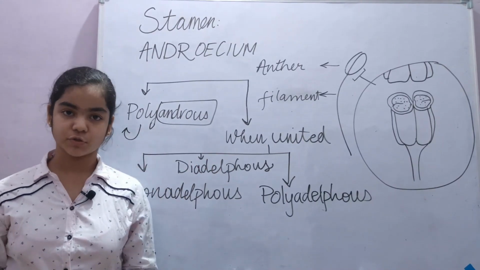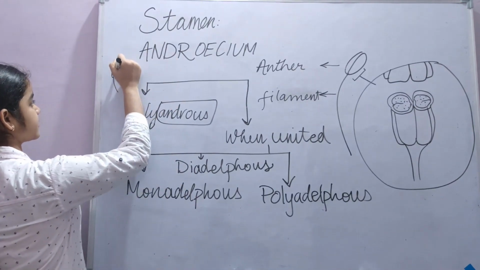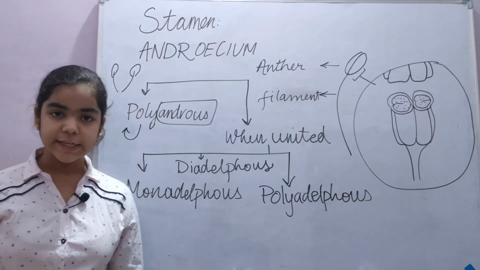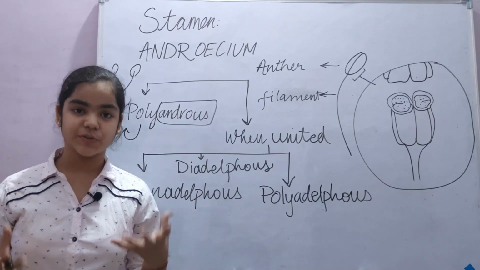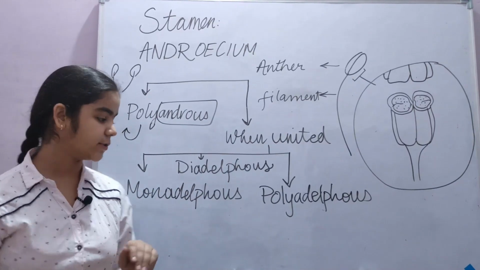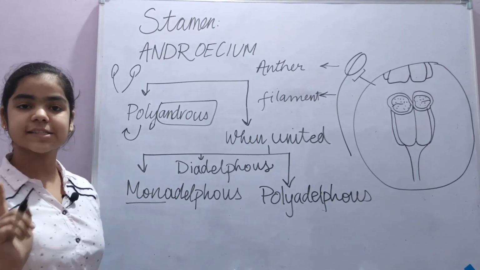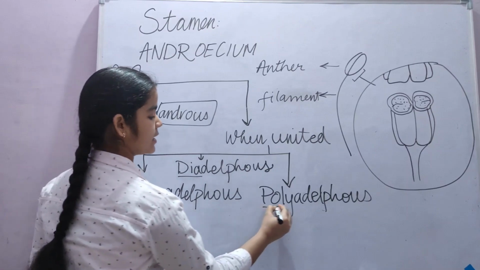Whenever the androecium is free, a structure may be like this, then it is called polyandrous. Now the next condition, when these are united, monoadelphous. Mono means single, di means two, poly means several.